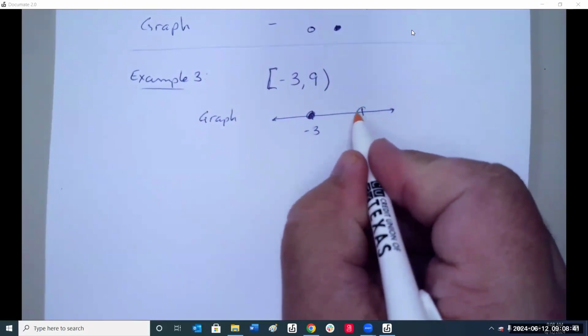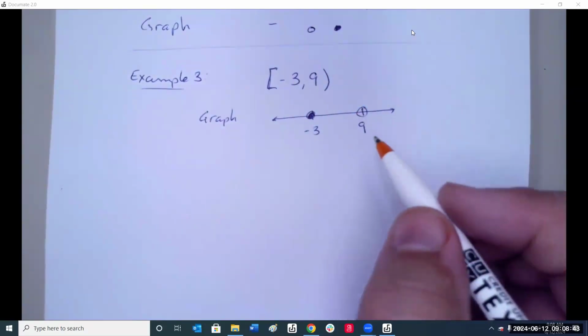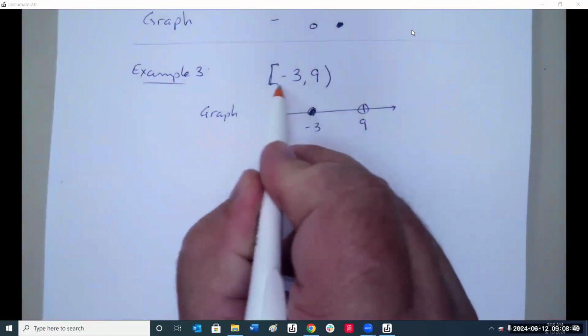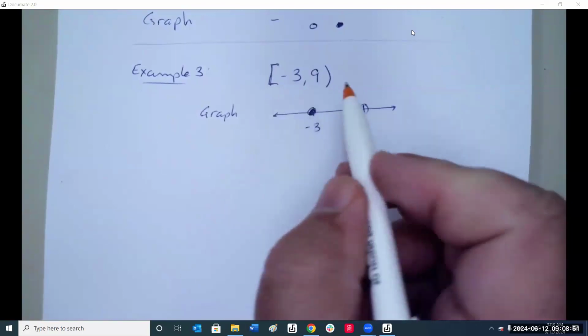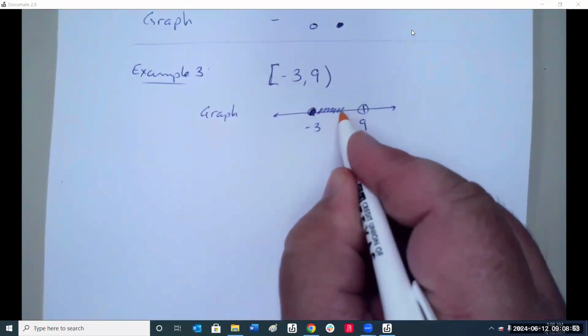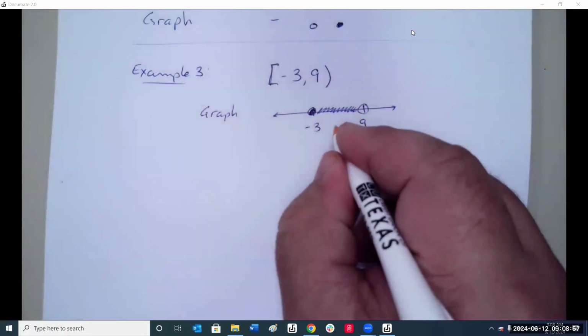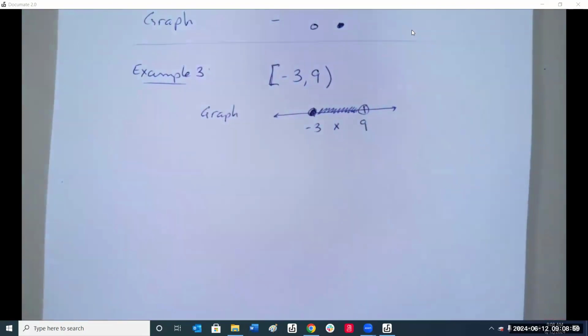The parenthesis is an open circle. Now, where do I shade? In between, because this says between -3 and 9. That's where my answers are. That's where my x's are.